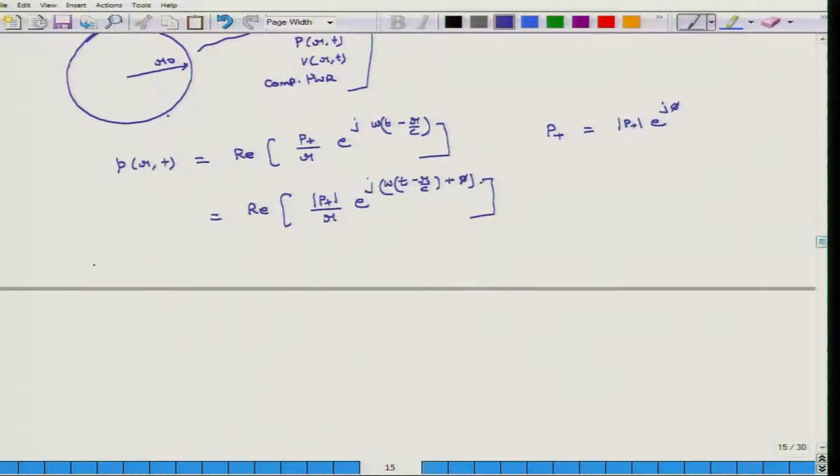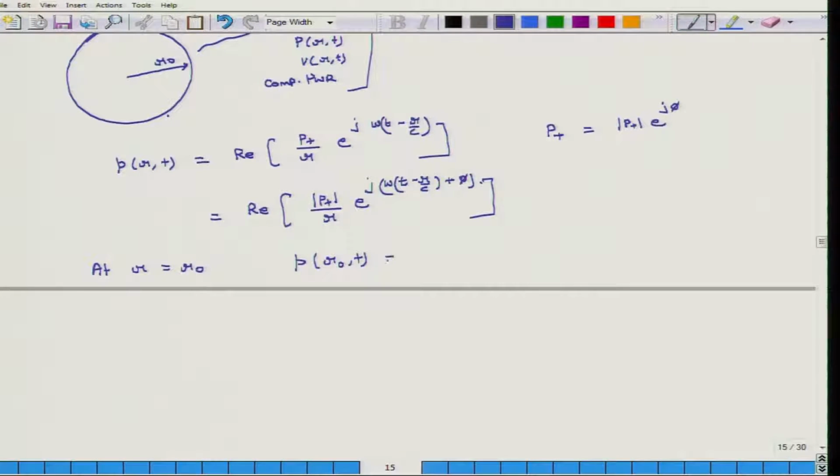Now, at r equals r naught, we are computing the boundary condition.